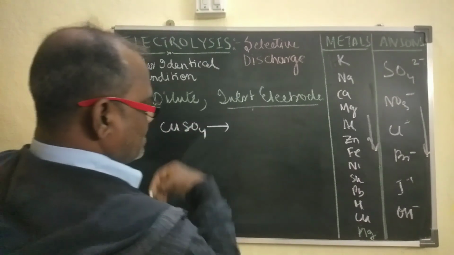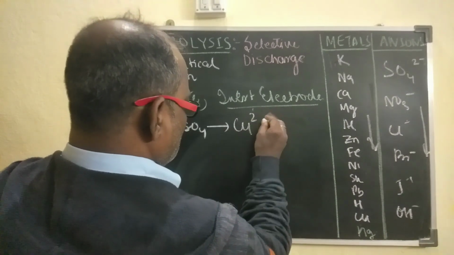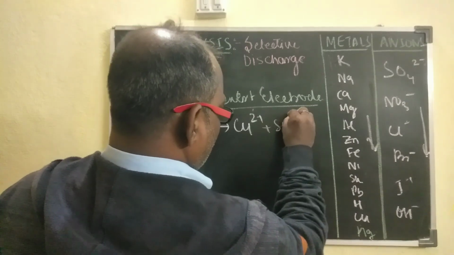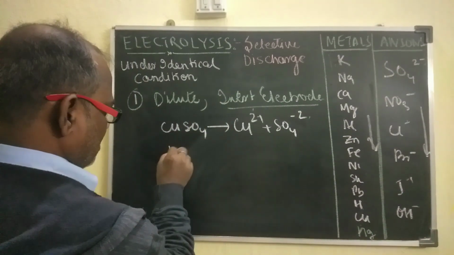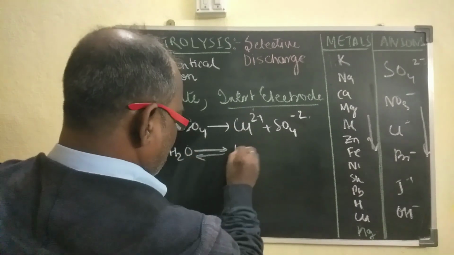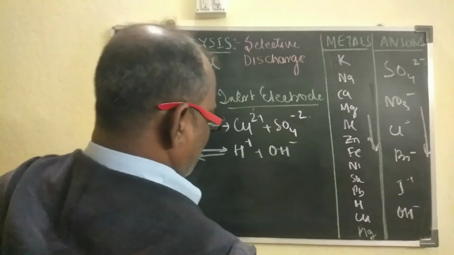When this breaks up, it becomes Cu2 plus and SO4 2 minus, and here we get H2O as H plus and OH minus.